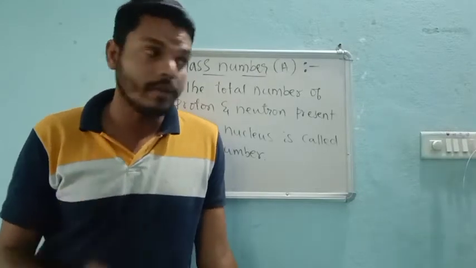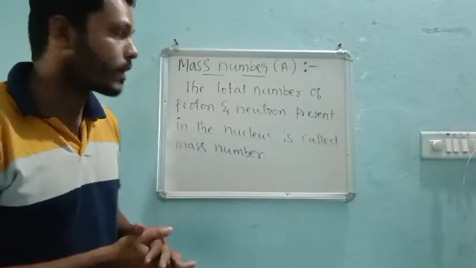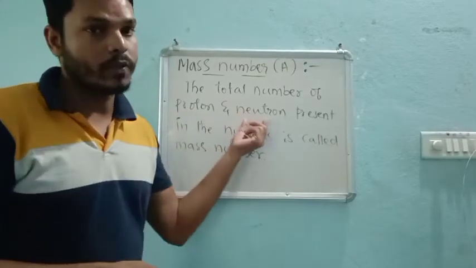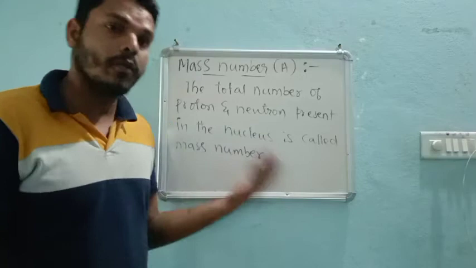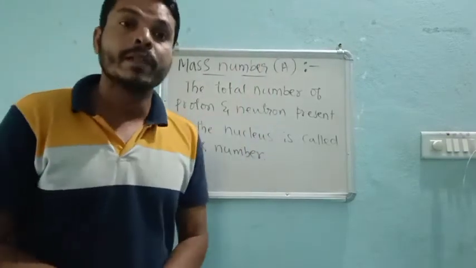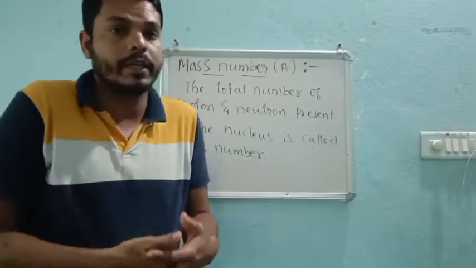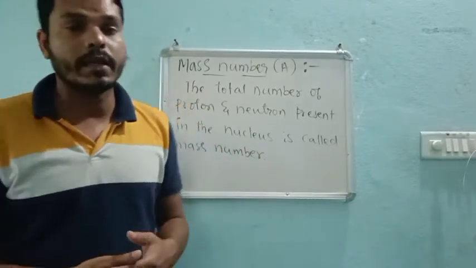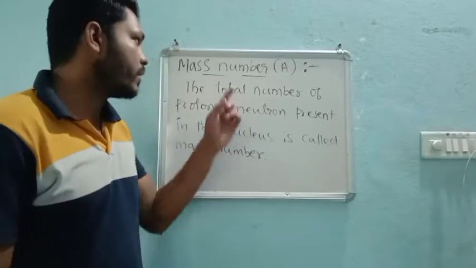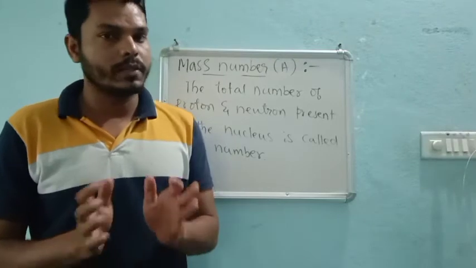In the nucleus, the fundamental particles are protons and neutrons. If we consider only protons, that becomes the atomic number, represented by the letter Z. If we consider both protons and neutrons present in the nucleus, that becomes the mass number. Electrons we are not considering.